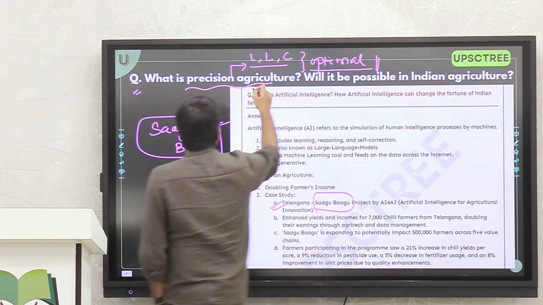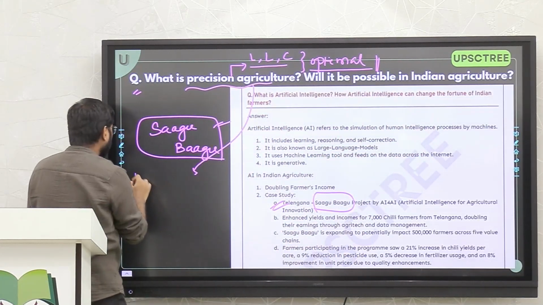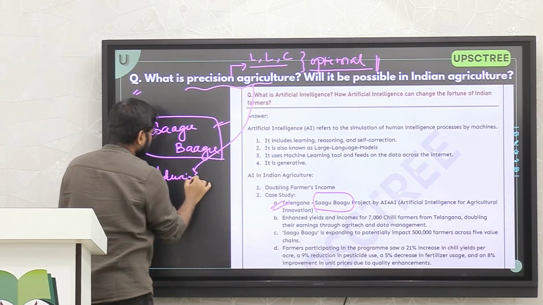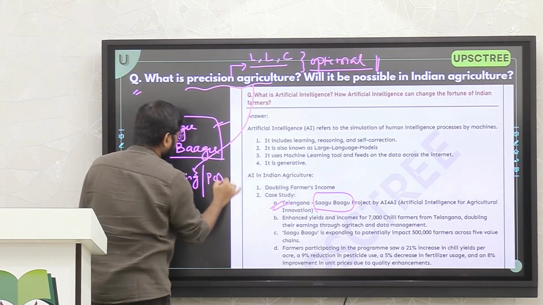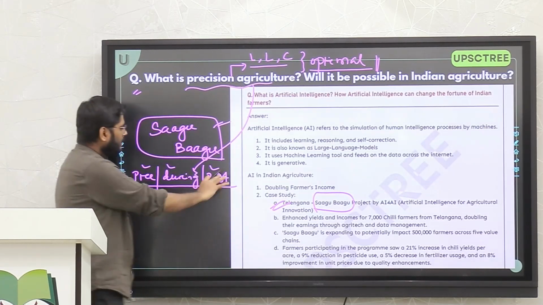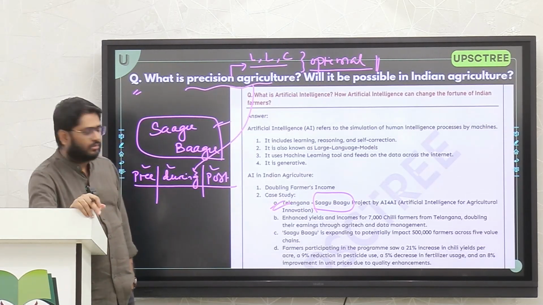Okay, and when we are talking about agriculture, you can talk about pre, during and post harvest. Okay, pre harvest, during harvest and post harvest. There are 3 major stages of agriculture.